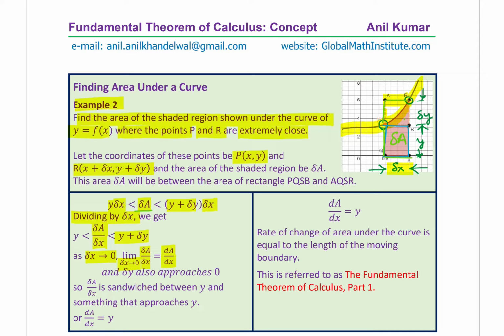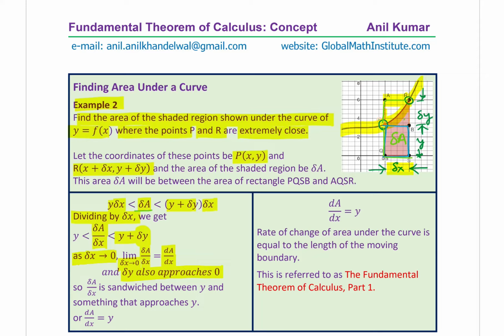So as delta x is approaching 0, delta A over delta x is approaching dA over dx. So that's the derivative. And now see, when delta x is very small, delta y is also going to be very small, right? So in this particular condition, as delta x approaches 0, delta y also approaches 0, right?